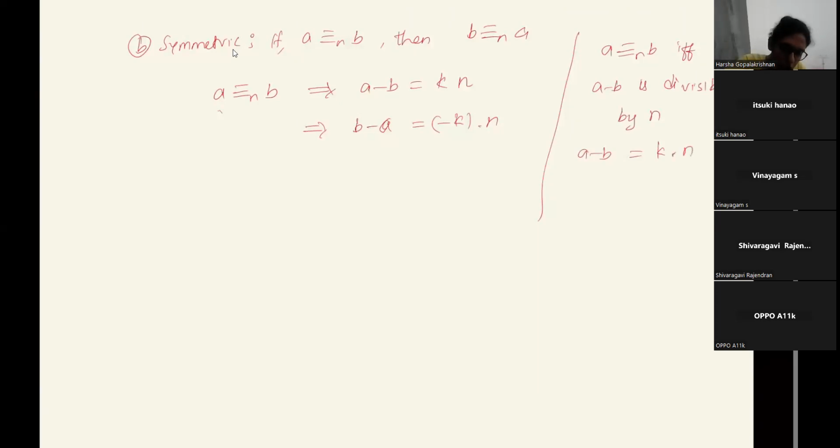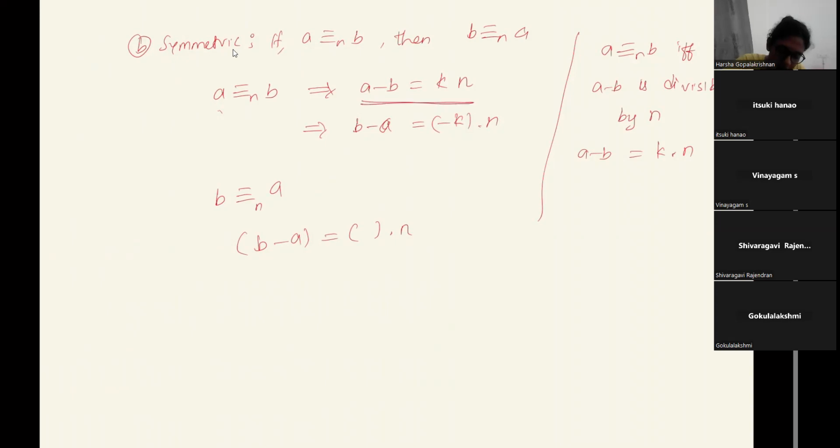To prove symmetry, we want to prove that B is related to A. That is, we want to prove that B minus A equals some multiple of n. We already know that A minus B equals kn.